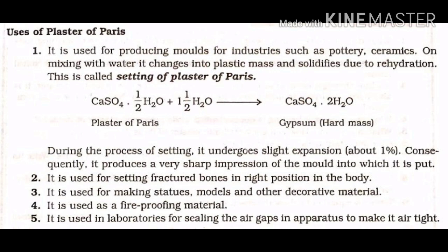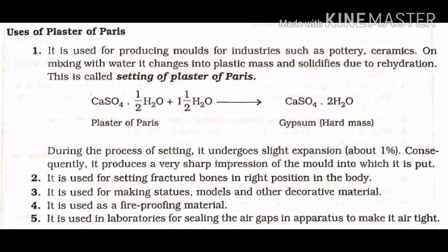CaSO4 half H2O plus 1.5 H2O gives CaSO4 2H2O. During the process of setting, it undergoes slight expansion. Consequently, it produces a very sharp impression of the mold into which it is put.